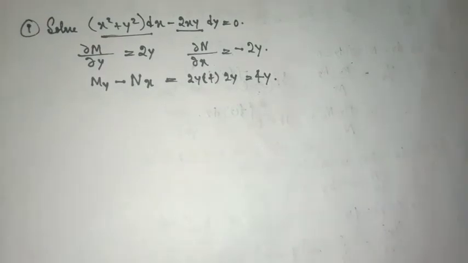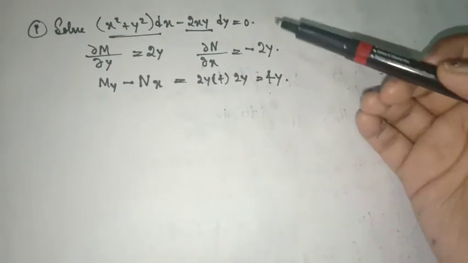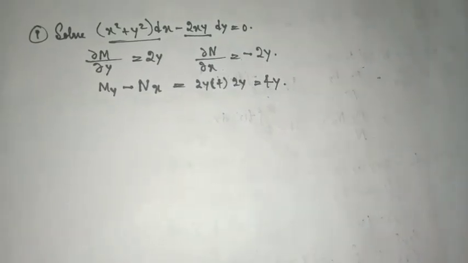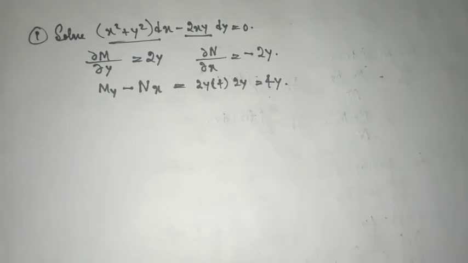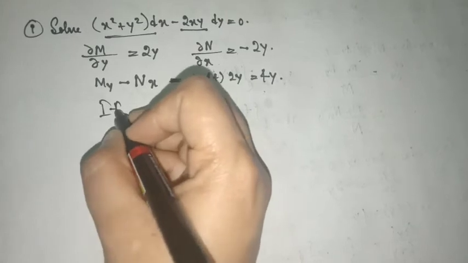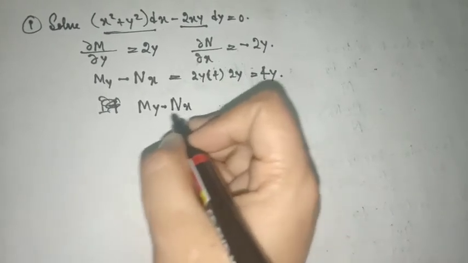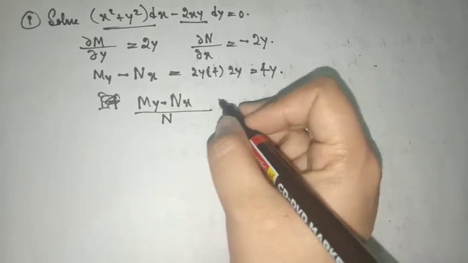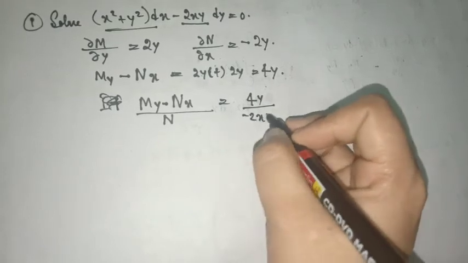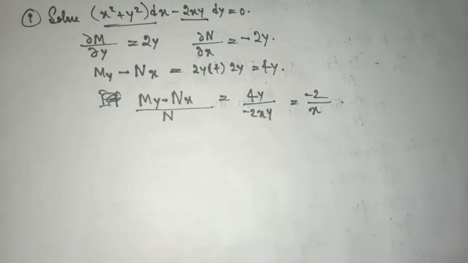Now we can see that this is somewhat similar to this N, means after dividing by N, we will get a simpler term. So we need to get a simpler term in order to get an integrating factor. So the integrating factor, now we will first divide this by N, and on dividing we will get 4y by minus 2xy, which is equal to minus 2 by x.